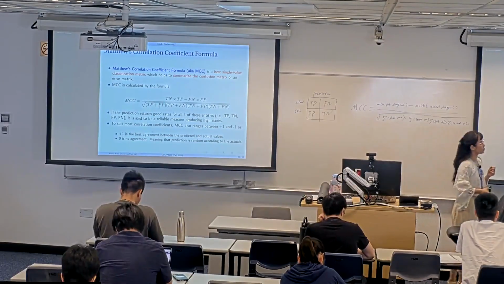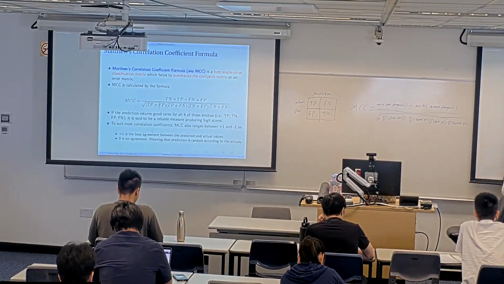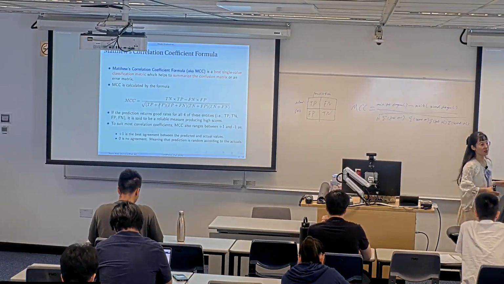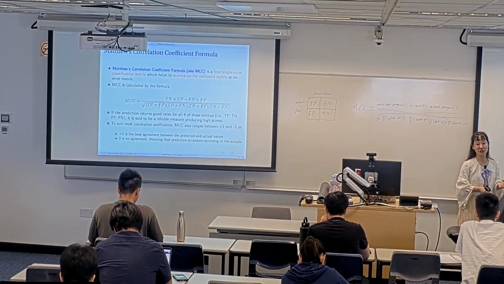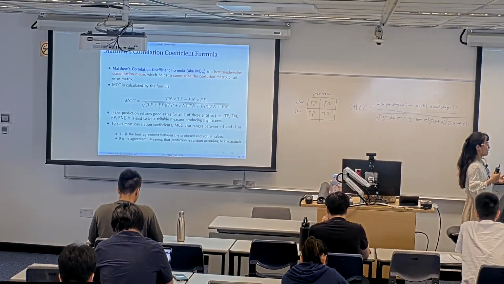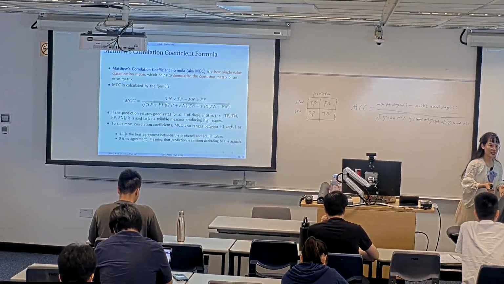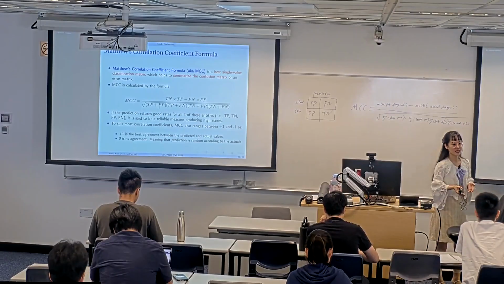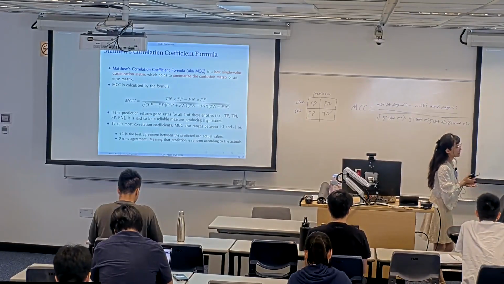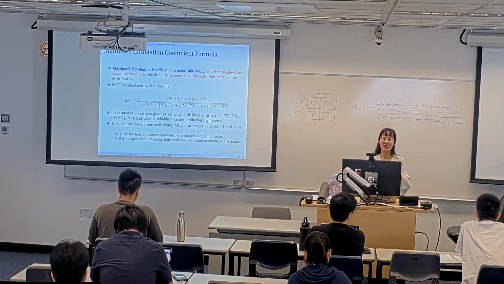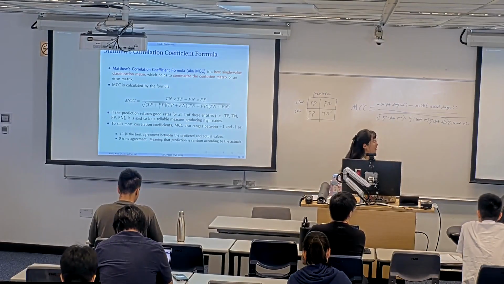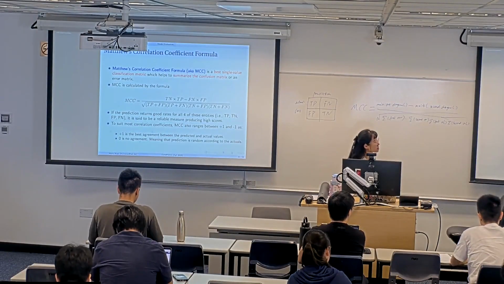Excellent. Actually, you get what an MCC of -1 is. When MCC equals -1, basically all the predictions are wrong. So that means they are in total disagreement between the prediction and the actual values. So we will see that MCC of +1 is a very good result.